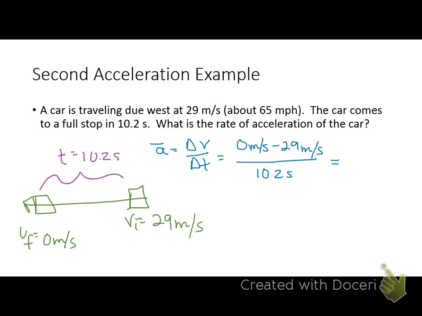How do we need to round this one? How many digits? What do you think? Just 2, right? So I got negative 2.8. Is that what y'all got?